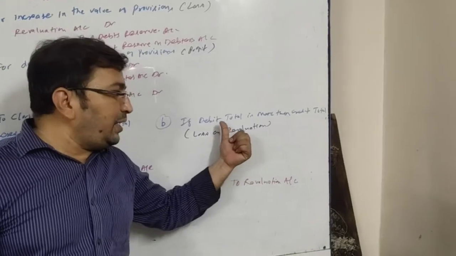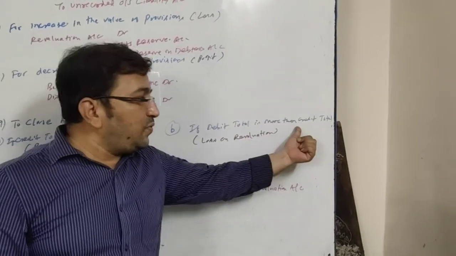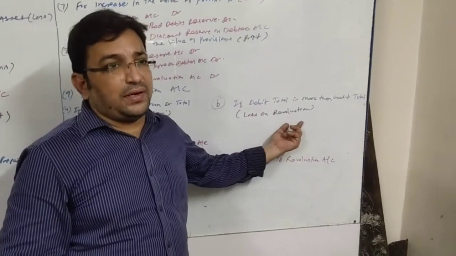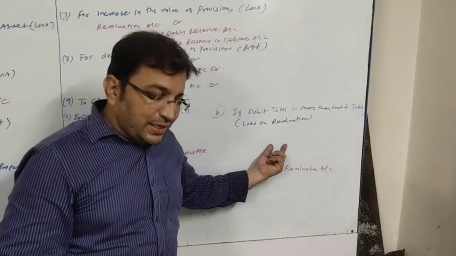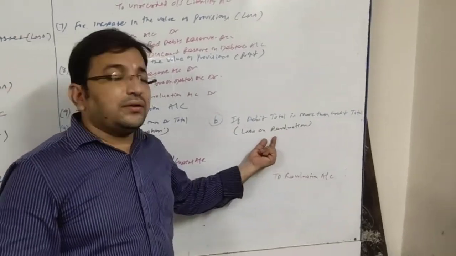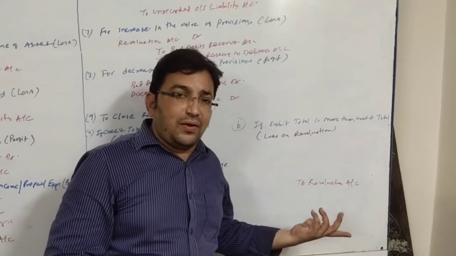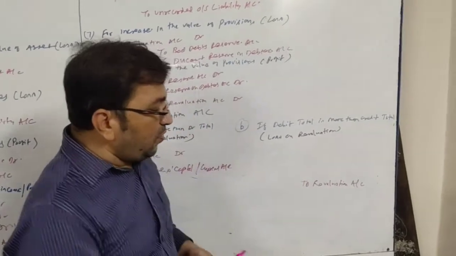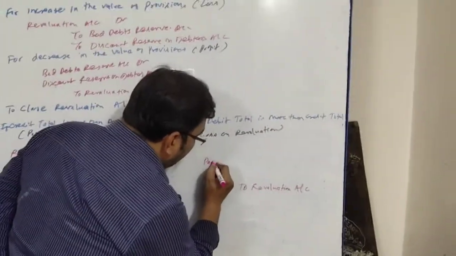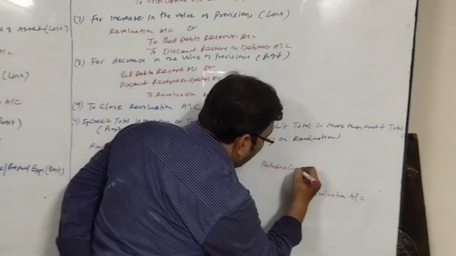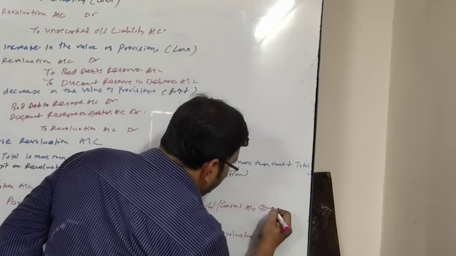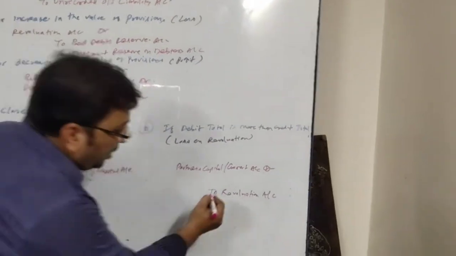If debit total of revaluation is more than its credit total, it is overall loss on revaluation. So whether it is profit or loss, it belongs to the owner. It is also transferred to partners capital or current account. So here the entry will be partners capital or current account debit to revaluation account.